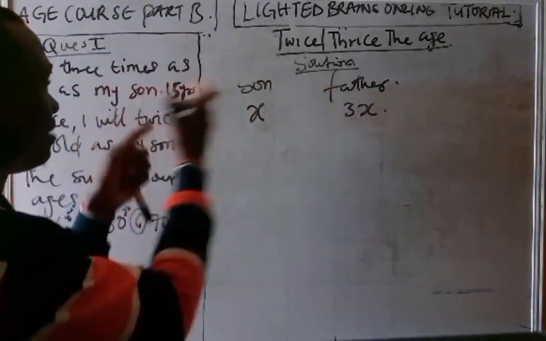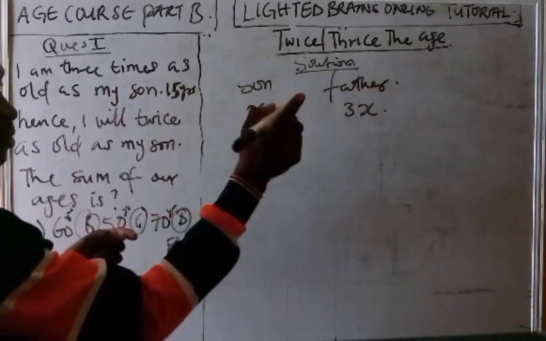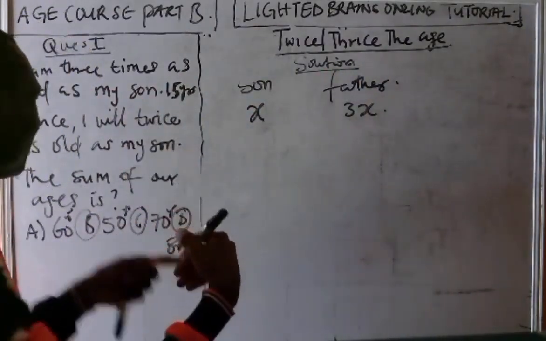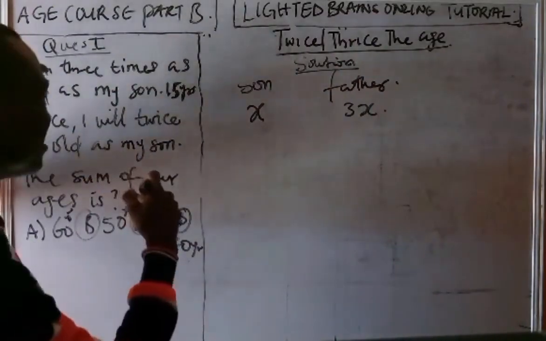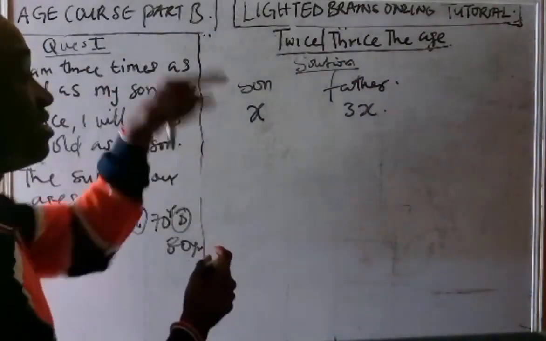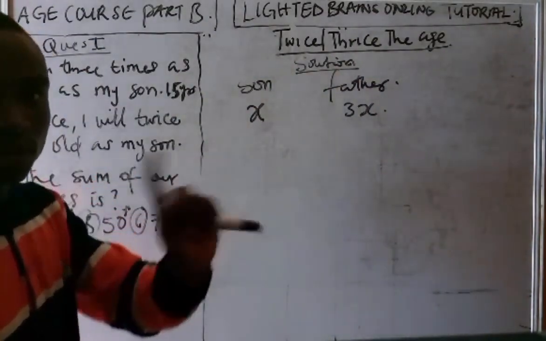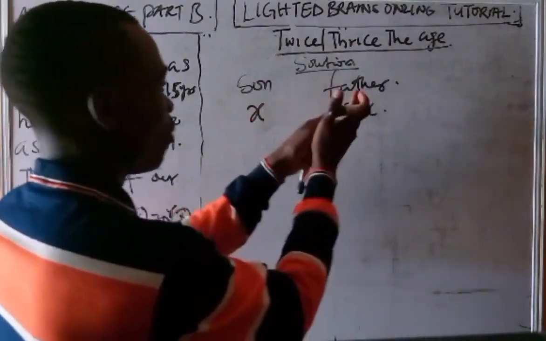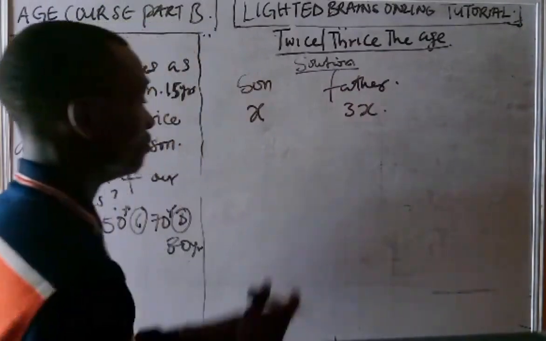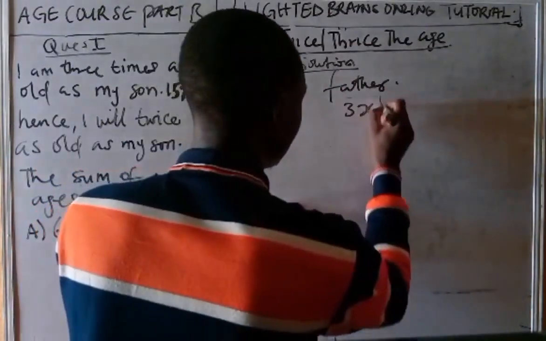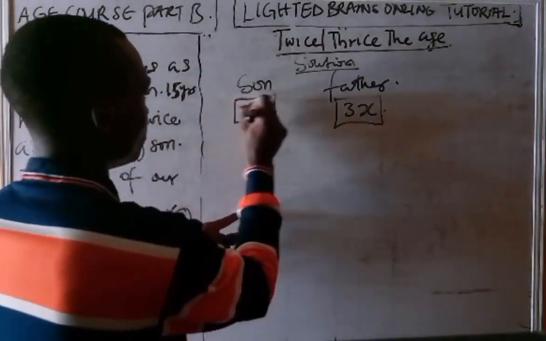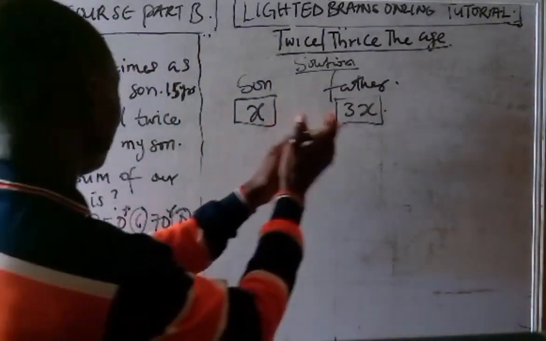The reason I wrote father is that the person saying "I am" is referring to his son, which means that person is the father. So the son is x, while the father is 3x. These are the present ages.